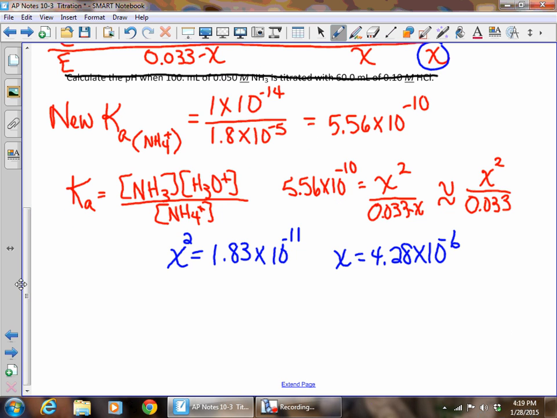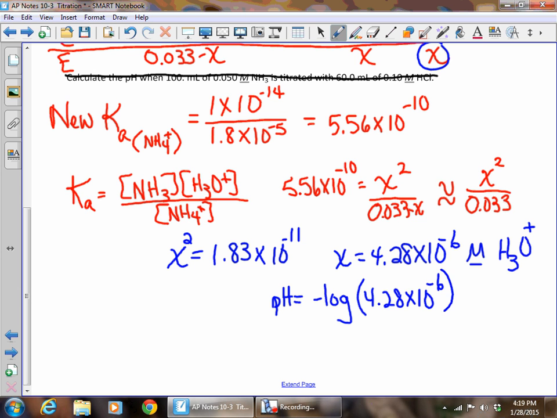So we are going to be able to find pH directly from this. So pH is going to be the negative log of that value, which gives us a pH value of 5.37. So at that endpoint, we do indeed have a lower pH value because of the action of the NH4 plus with water. So that's our pH.